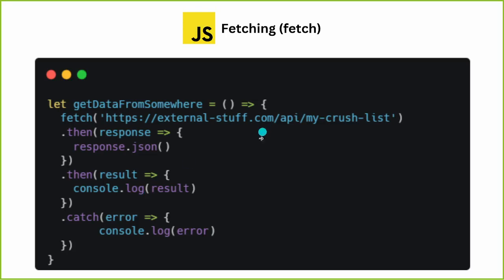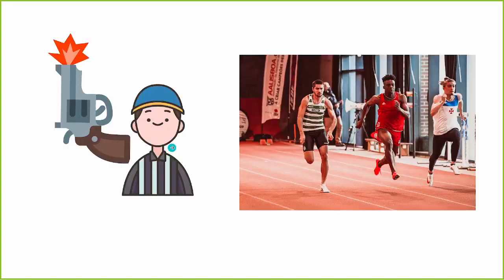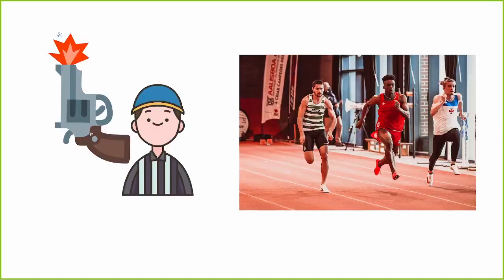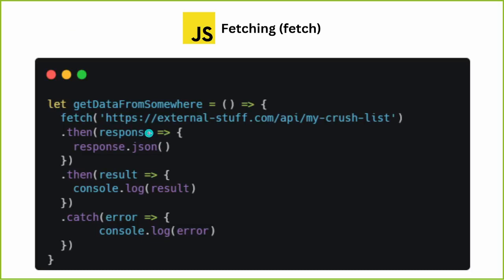Now, I've said earlier there is also a rejected value. You could pass that too as a second argument to your response or to your result, because as I've said, it's a resolved value and a rejected value. But that's very redundant, okay?